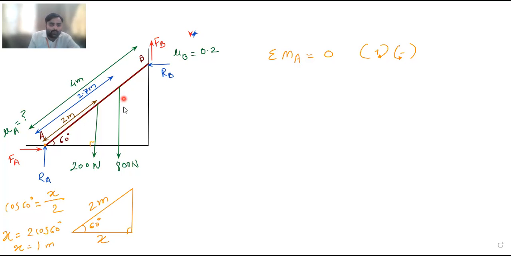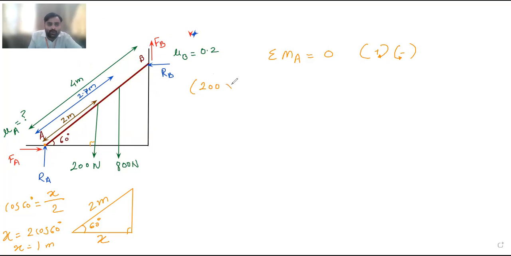Now, when you are calculating the distance of this 800 Newton, we should take this much of distance. At that time, we have to consider this much of triangle to calculate this distance. This is the perpendicular distance of RB from point A. I will first take the force of 200 Newton.